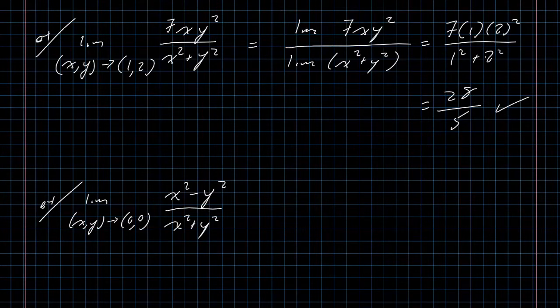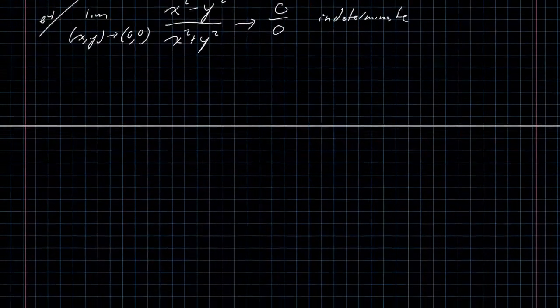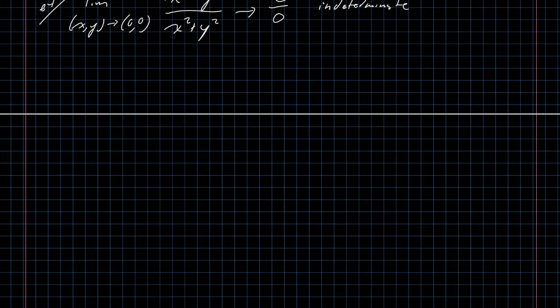Well, if you try plugging in x equals 0 and y equals 0, you get 0 over 0, which we know is an indeterminate form. So one of the things we can try is looking at going through a couple of different paths. And if you can find two paths that disagree, you know you're done.